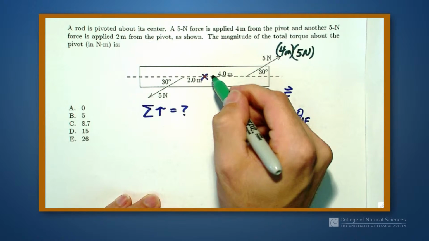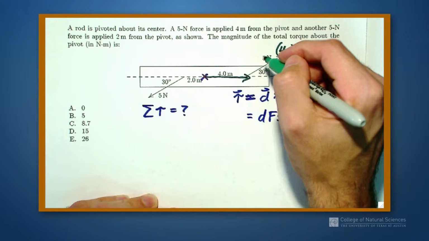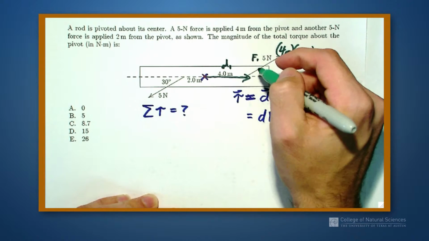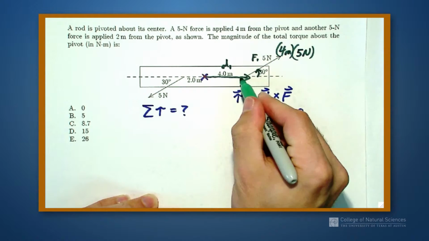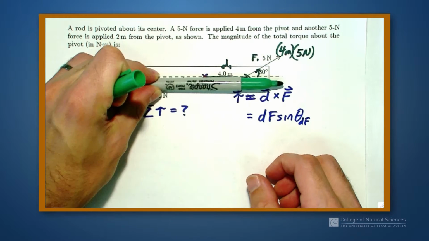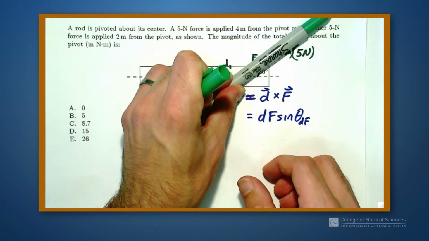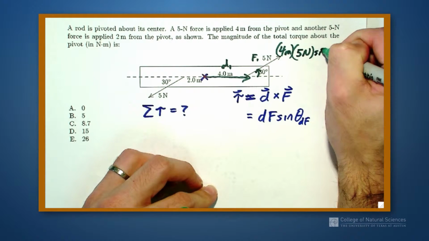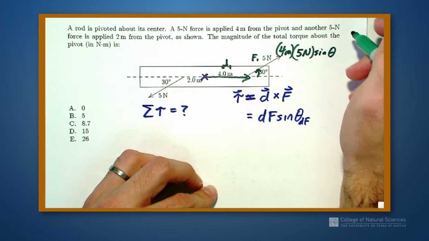This is going to be F1, D1, and I know that my angle is measured from the displacement vector into the force vector. So that means that this angle is 30 degrees. So sine of 30 degrees, or theta 1.